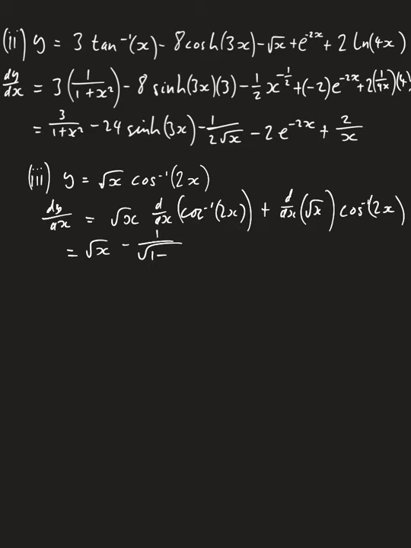Now, in the book it's shown as x squared, but that's for the inverse cosine of x. I have inverse cosine of 2x, so it's going to be 2x squared that goes in here. So that's the derivative with respect to the thing in the brackets. But it's with respect to x that I want the derivative. So by the chain rule, I have that times the derivative of what's in those brackets, which is 2. And that's all multiplied.